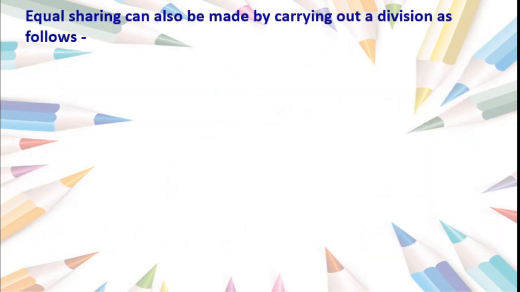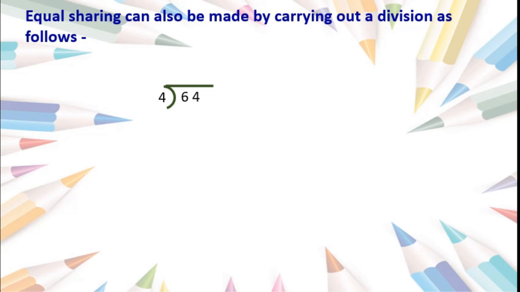Now the same thing we will carry out by our division method. 64 divided by 4. Okay, 64 we have written below the line inside the division symbol because that is the number we want to divide. Among how many? Among 4. So the divisor is 4 here. Correct?